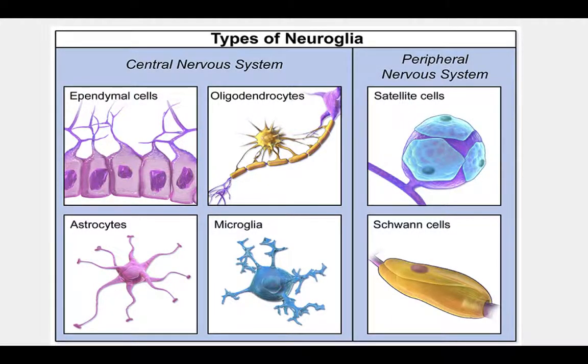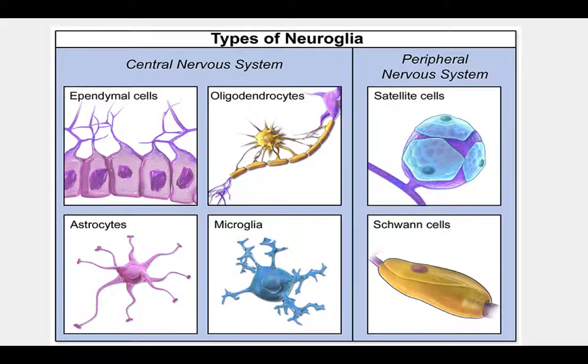The image here shows the types of neuroglia in the human nervous system. As you can see, there are 4 cell types found within the central nervous system and 2 of the peripheral nervous system. Over the next few slides, we will dig into what each cell looks like, what functions it performs or assists with, and any other pertinent details you need to know about these cells.